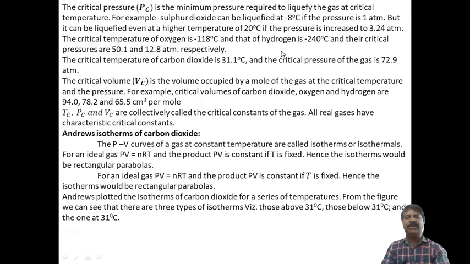Even though we apply pressure above the critical temperature, the gas does not liquefy, and that is called the critical temperature.